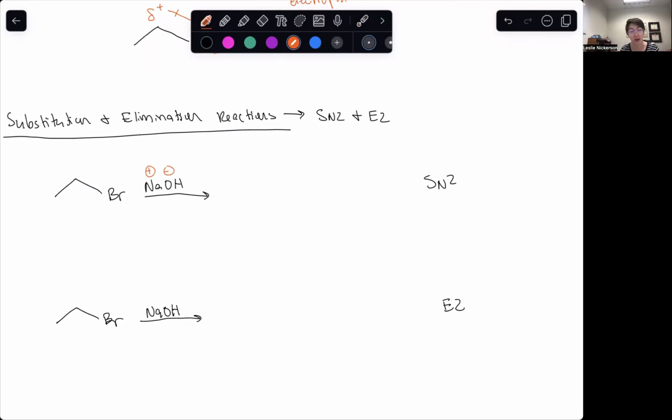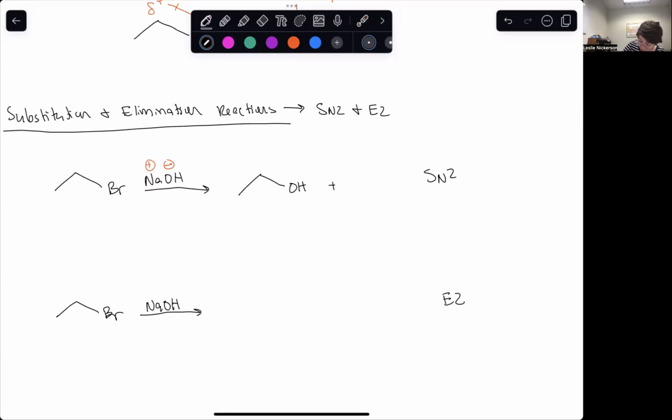So we can just think about it like this. You can cancel out the sodium if you want and just use the OH minus. I don't care if you do that. That's totally fine. Okay, so in an SN2 reaction, we're going to see that OH come and substitute for that bromine.